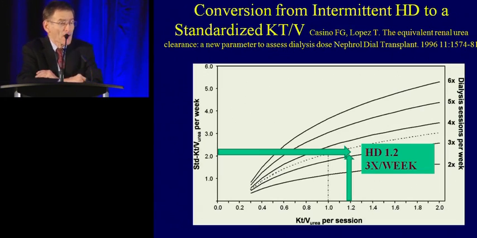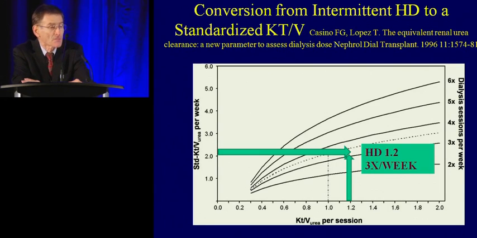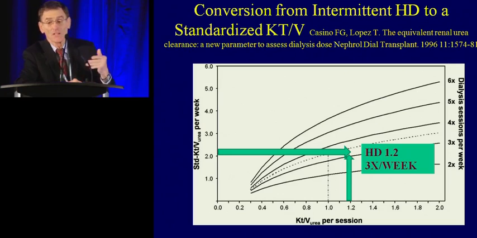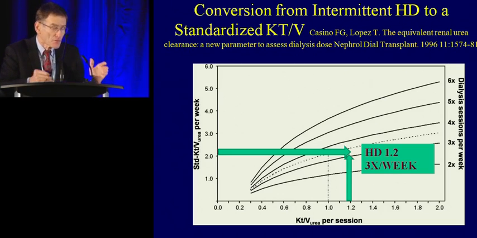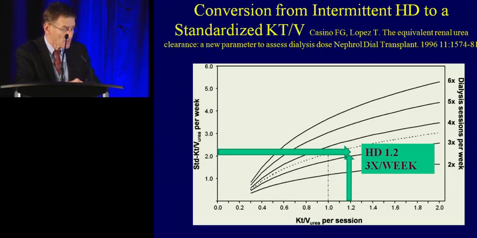Now you have to go back to this classic paper by Casino and Lopez, which talks about equivalent urea clearance, now thought of as a standardized Kt/V. This is an argument made on statistical modeling where they compare intermittent dialysis therapies to a continuous therapy. PD is basically a continuous therapy, whereas intermittent hemodialysis is a variable therapy, which is not continuous.